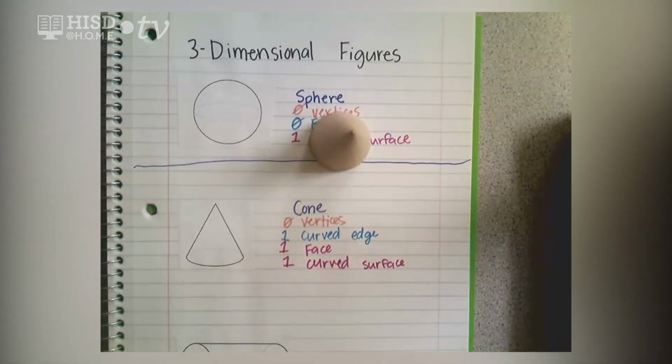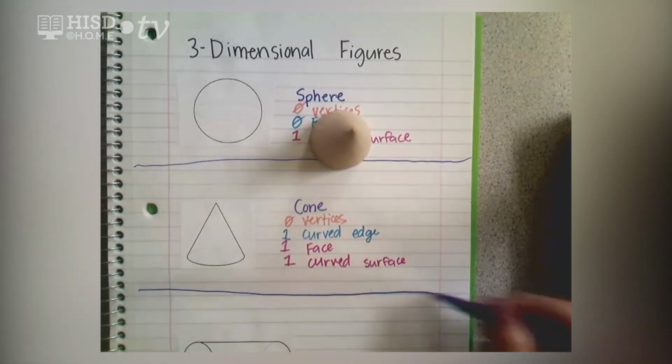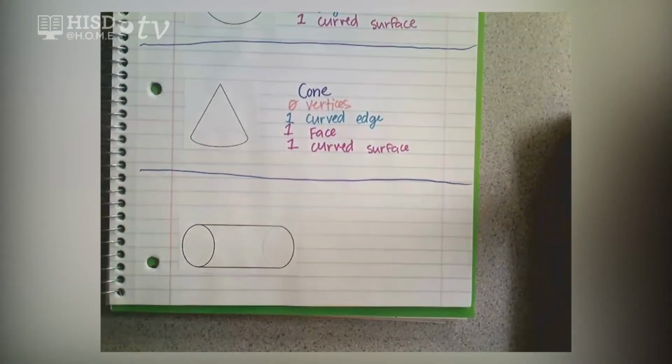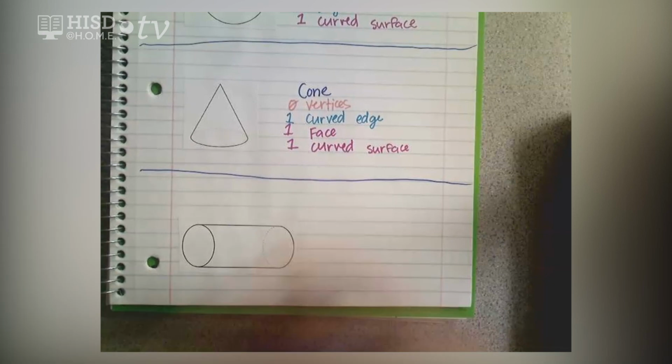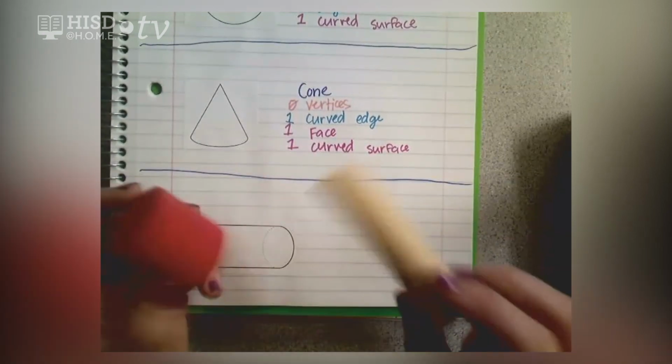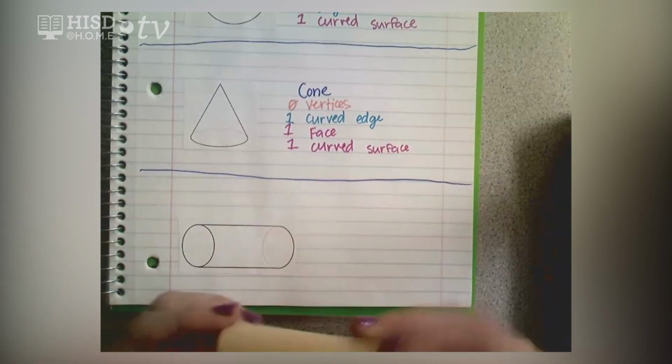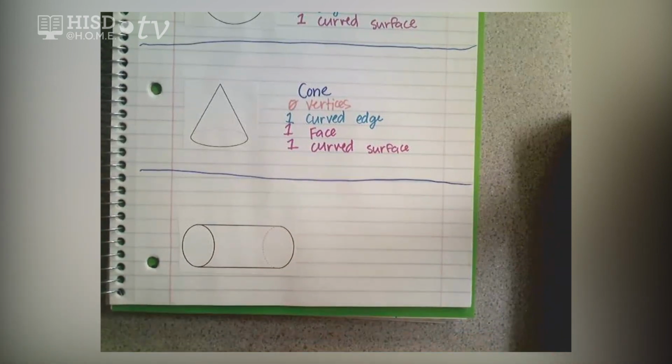All right, we have one more left, and it's a pretty important one. It's called a cylinder. Even though we only have one of it on here, it's just an important one that we go over a lot in 3rd grade. All right, these are different forms of cylinders. They're two circles being connected together by a curved surface.